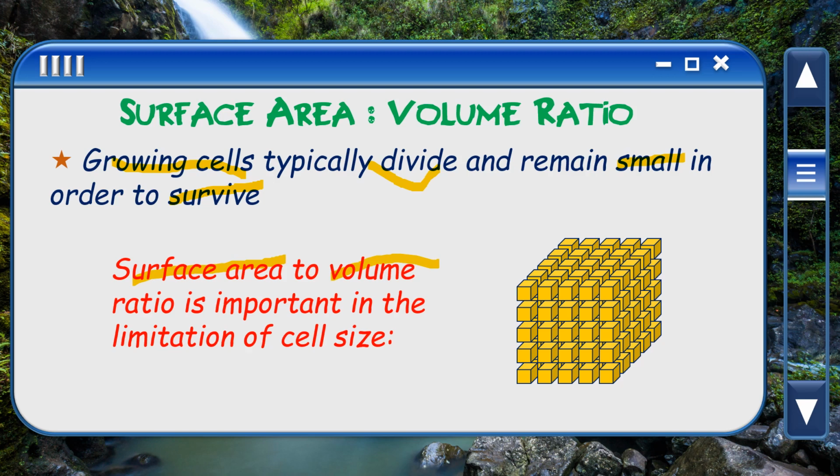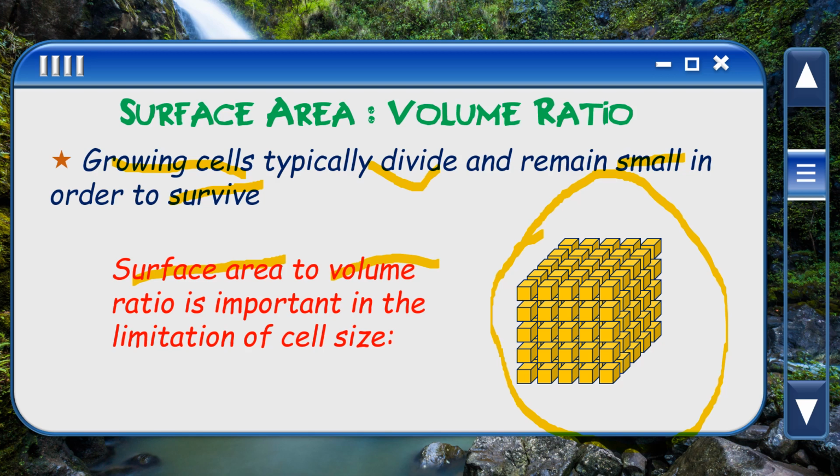So that there can be an equilibrium between metabolism taking place inside the cell and the exchange of materials, nutrients going inside and products being produced coming out of the cell. If there is a lot of metabolism taking place inside the cell, faster than the rate at which nutrients are coming in, then the cell is not going to survive. It is going to die.